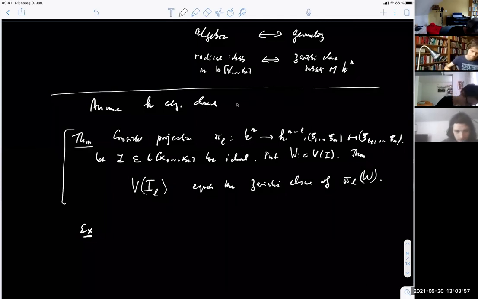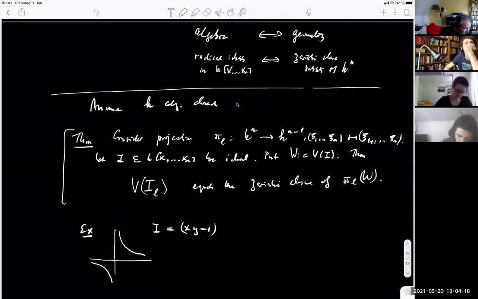The picture is this. It's the standard example. You have two variables, let's call them X and Y. I draw this hyperbola. So I have the principal ideal generated by XY minus 1. The zero set, which I drew here, is the hyperbola.